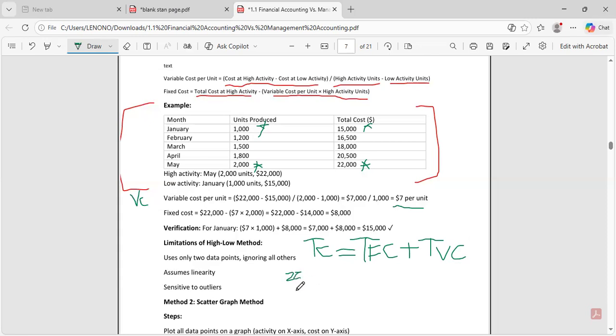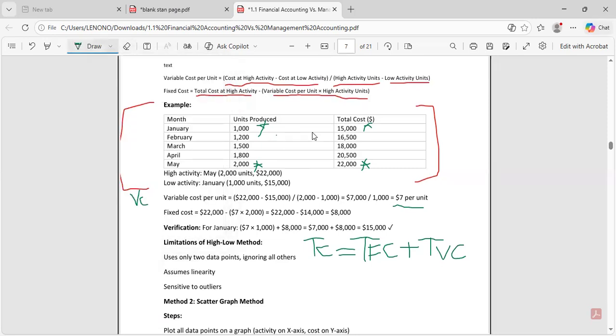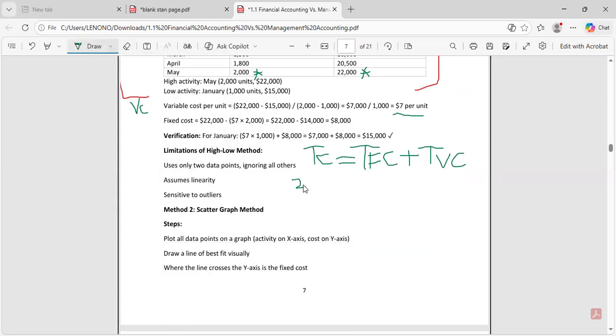It will be 22,000, which is equal to total fixed cost, X, plus the total variable cost.